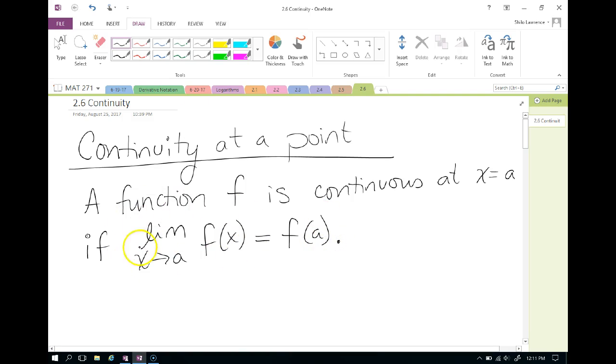So the answer we would get for the limit is exactly the same as the functional value. The shortcut of what this definition is telling us is that we can do the limit by direct substitution.